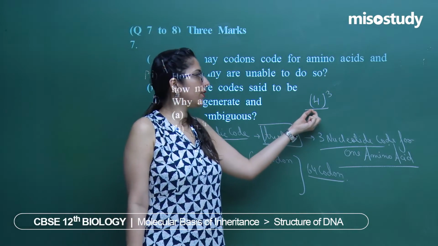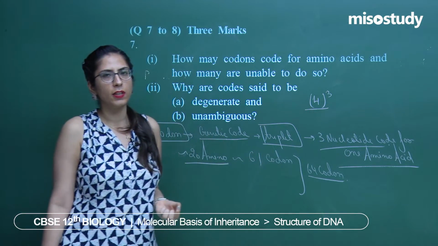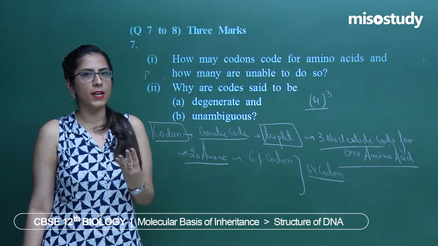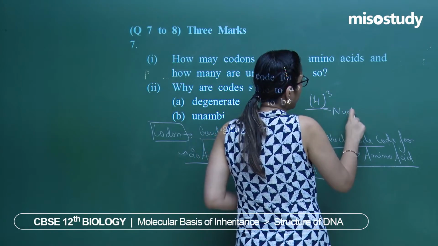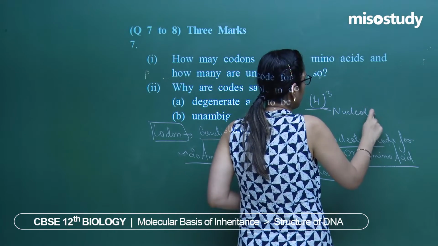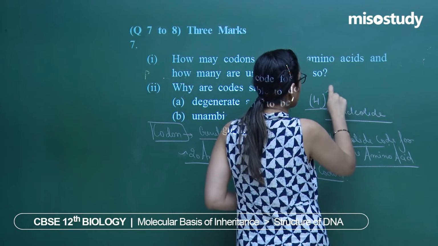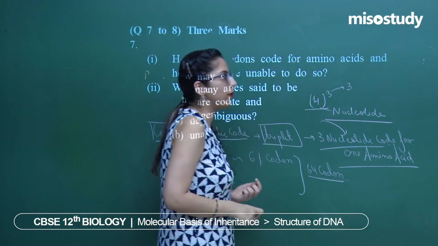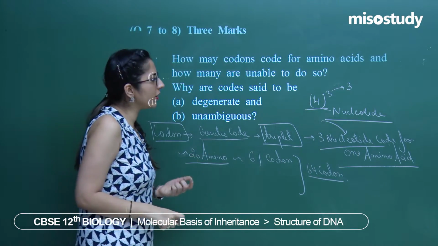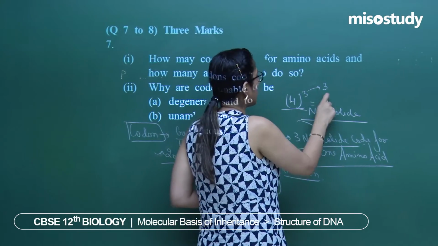Because we know there are 4 different nucleotides, and 3 nucleotides code for 1 amino acid. So when we calculate this, it comes out to be 64.